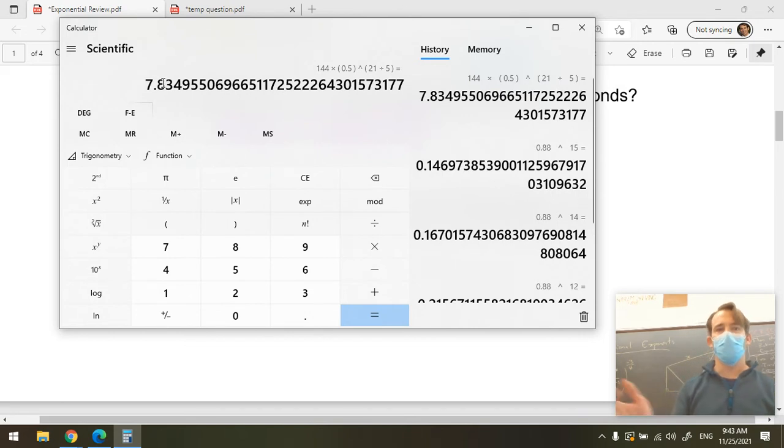There, 7.8 grams. Notice up here, if you can see, I can't zoom in on it, but this is 144 times the base of my exponent, a half, raised to the power, in brackets, put the power.